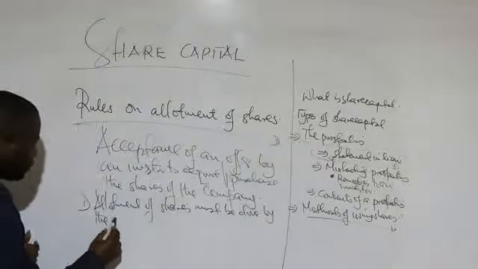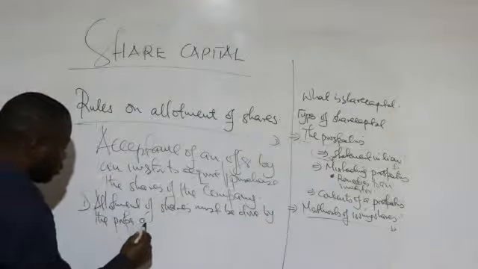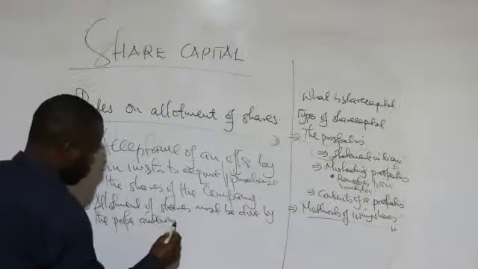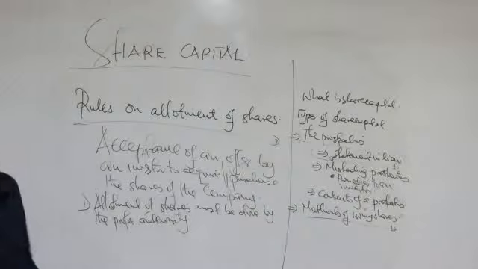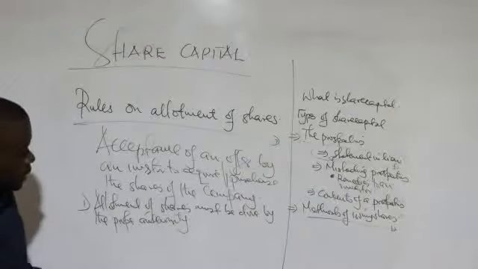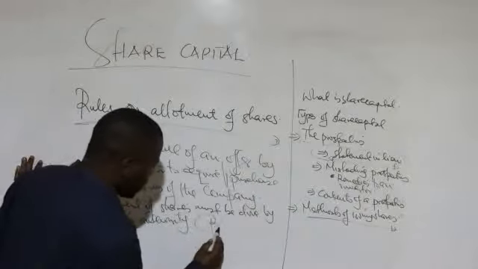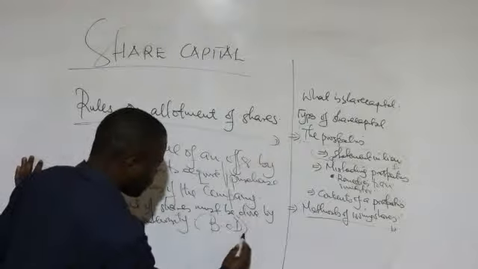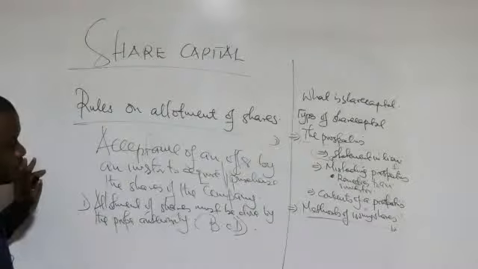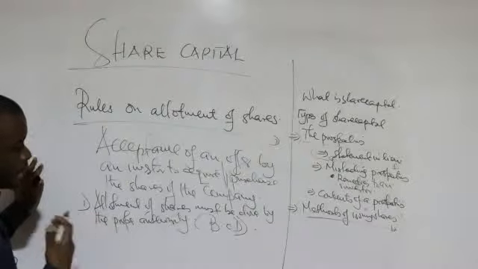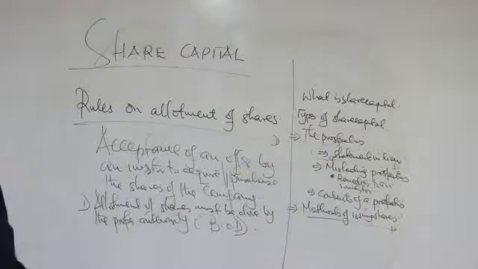And the proper authority to allot the shares is the board of directors. The board of directors are the ones mandated to allot or accept the distribution of the shares, or decide on how the shares are going to be distributed.